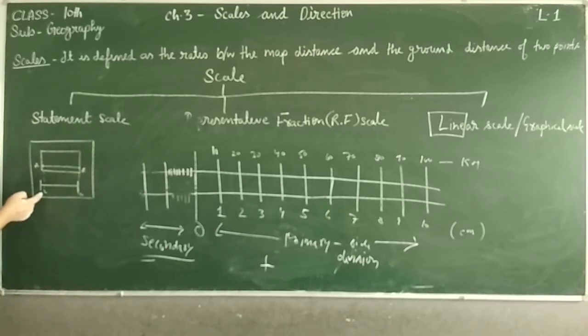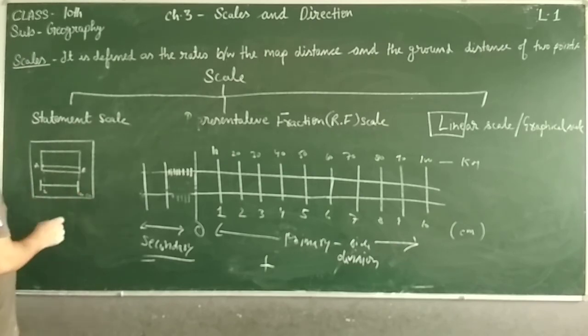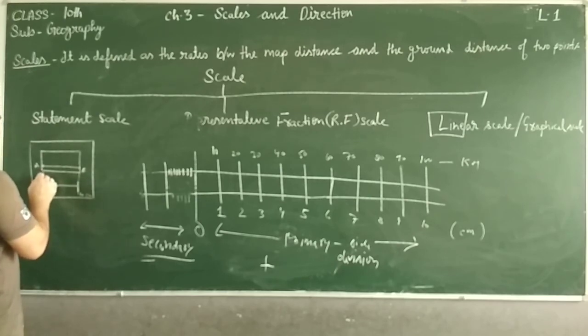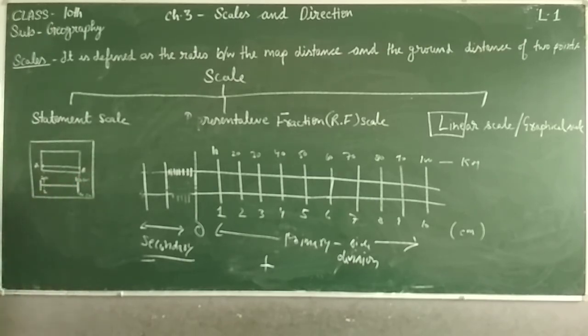So I will come to know it is 2, 10, it means 8 centimeter long. And upside, if it is written here 200 kilometer and here 1000 kilometer, I will come to know it is 800 kilometer distance. So that is the convenience of linear scale.